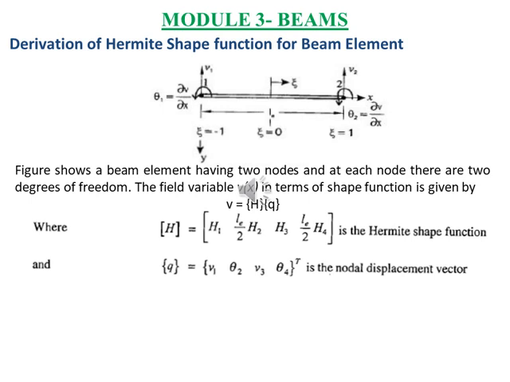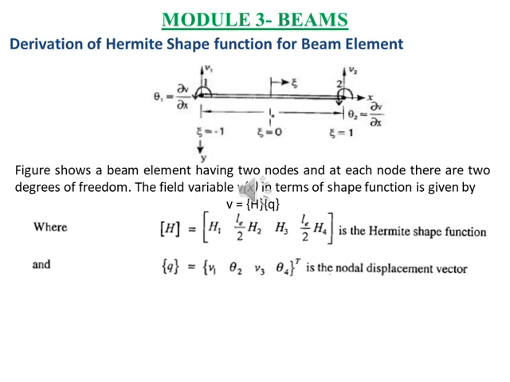So there are two nodes, theta 1 at node 1, theta 2 at node 2. The figure shows a beam element having two nodes. At each node there are 2 degrees of freedom.